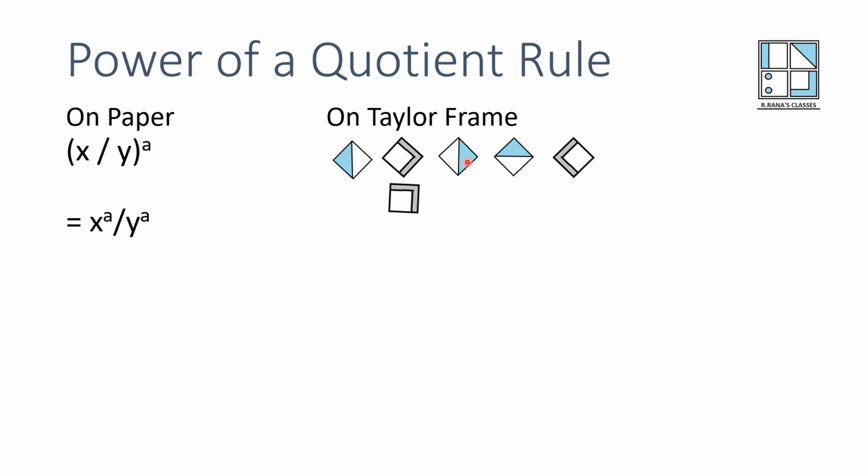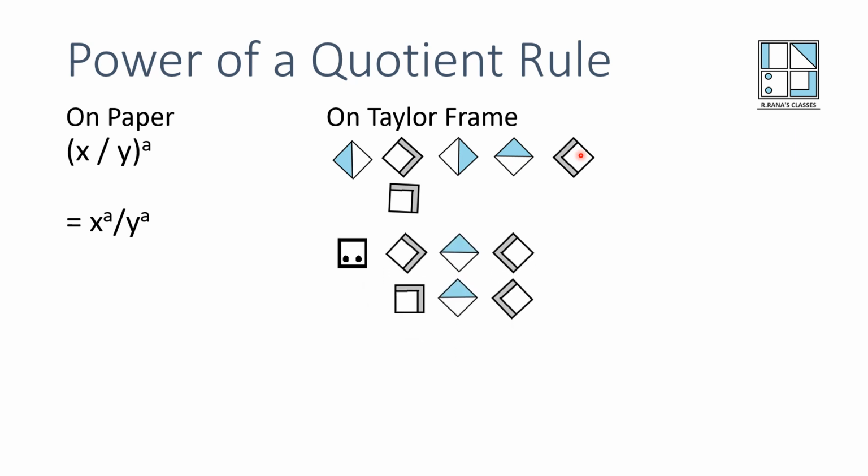Bracket close, raised to power a is equal to x raised to power a upon y raised to power a. This thing is numerator and this thing is denominator. It is x raised to power a whole upon y raised to power a. Right?